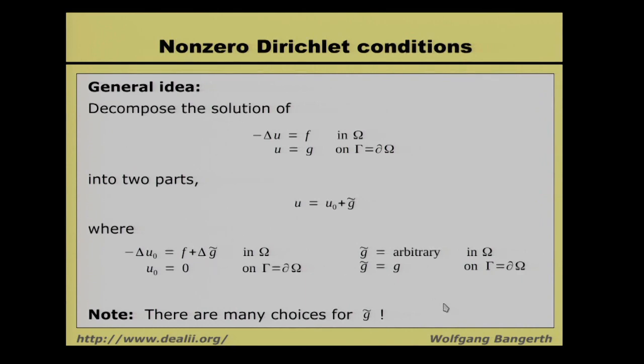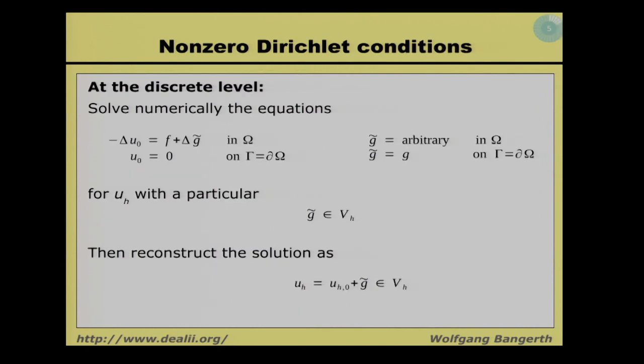Okay. Now, in the discrete setting, what I would like to do is solve this sort of equation here discretely. And so one of the things that is particularly convenient to choose would be that the g tilde, my extension, my continuation from the boundary into the interior, I would like to choose this in my finite element space.